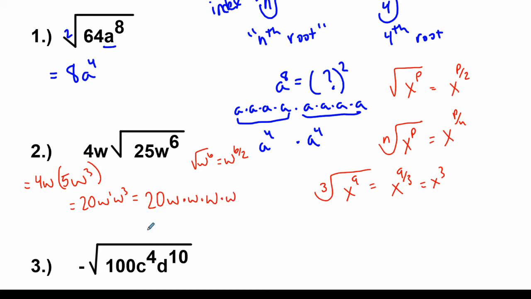So how many is that total? That's 4, so w to the 4th. An easier way to think about it is I'm just adding these two exponents here. 1 plus 3, I get w to the 4th. Let me fix this 20 for us, make it look a little nicer.